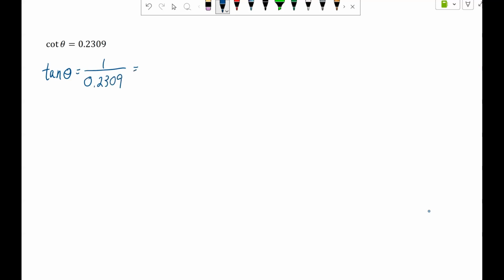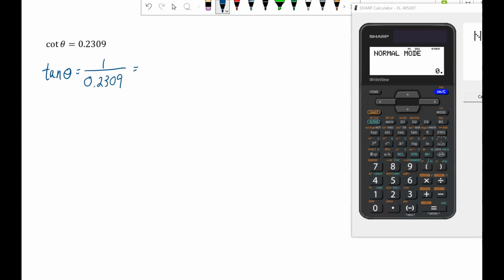I need that number now, so 0.2309, and we'll find its reciprocal, second function. There we go, make it a decimal. 4.330, let's go 4 decimal places, and since that's a 7, that'll bump up to a 9. 4.3309.